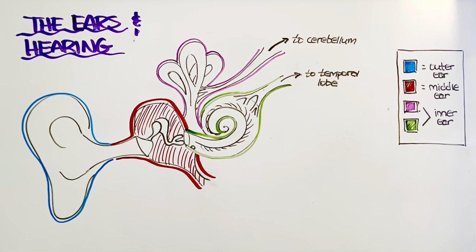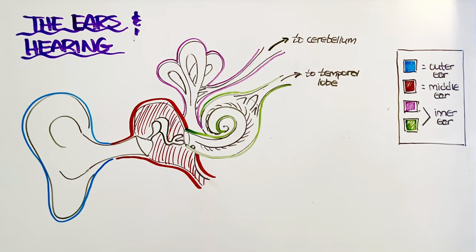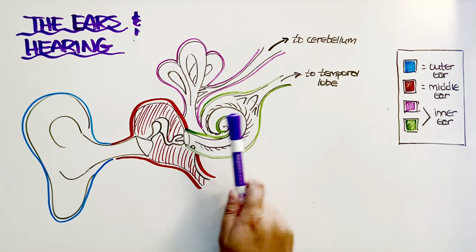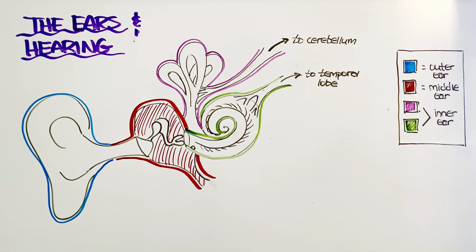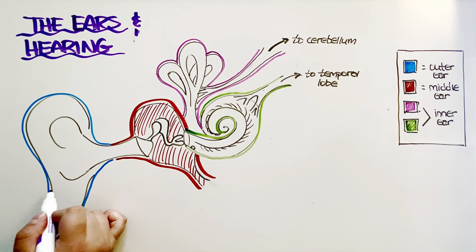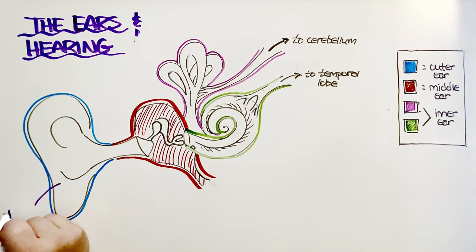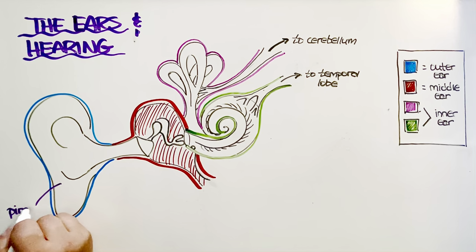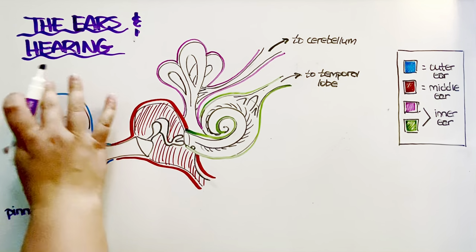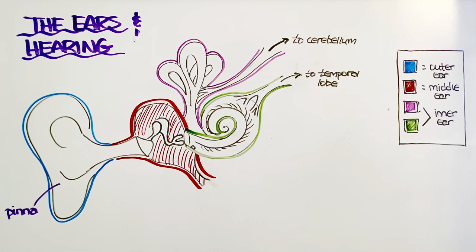In this video, we'll go through and label all the parts of the ear and talk about how all these structures work together to facilitate the process of hearing, starting with the structures of the outer ear. So the outer ear is obviously the easiest to identify. They are these flaps of cartilage that we're all familiar with, known as the pinna.